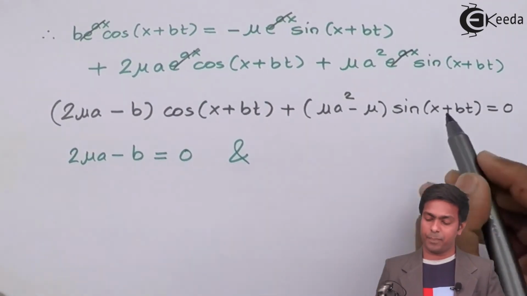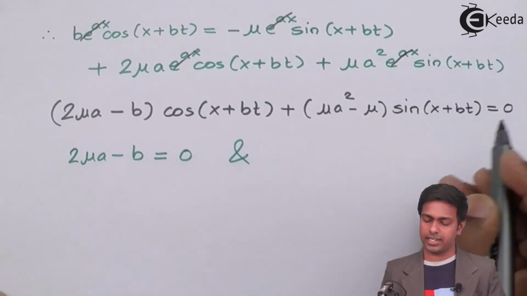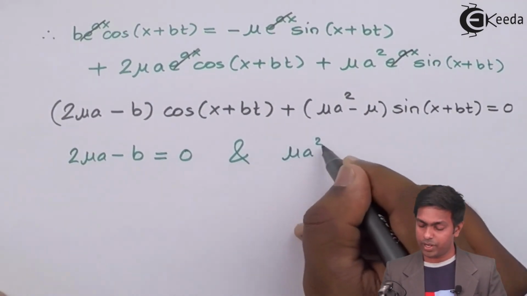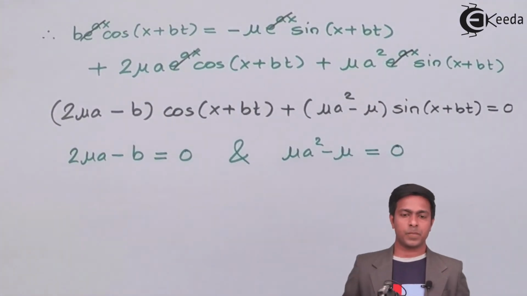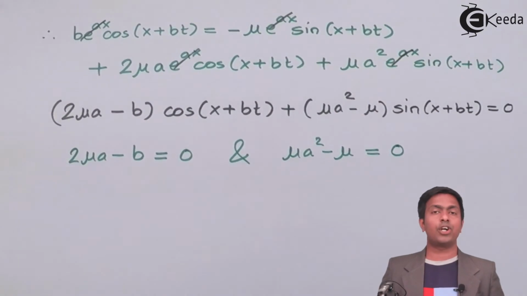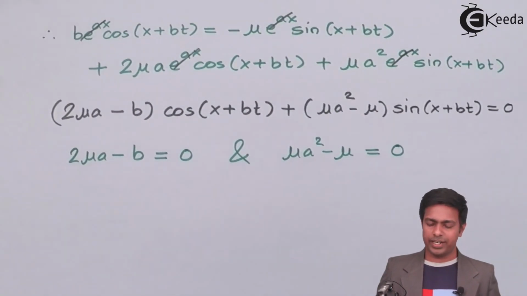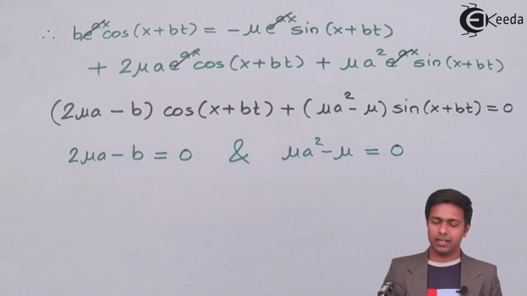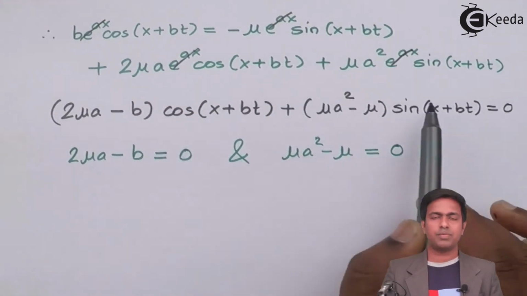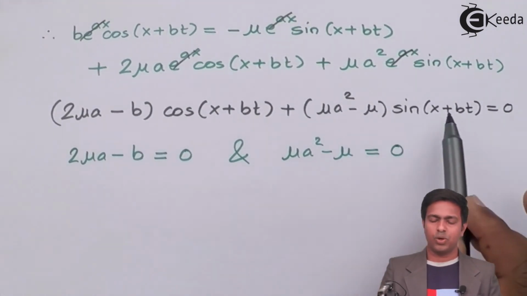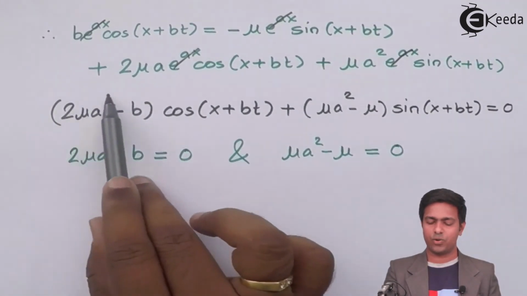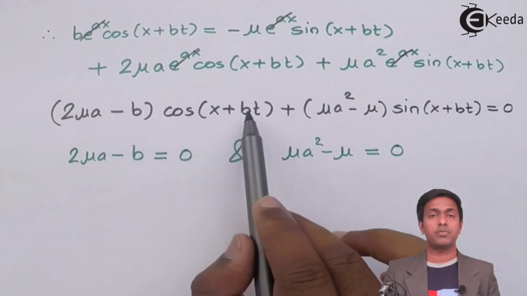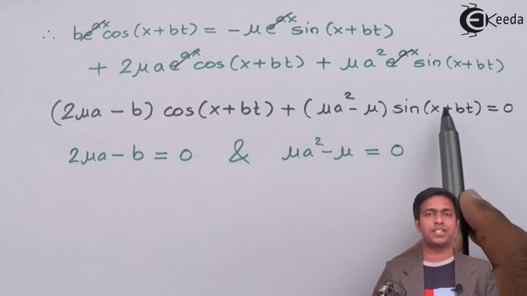And if I compare coefficient of sine on both the sides, here we have mu a square minus mu is equal to 0. So guys, here we got two equations. So what we did is we have assumed that these two terms are 0. So how is it 0? We have made the coefficient 0. If this coefficient is 0, this term becomes 0. If this coefficient is 0, this term is 0.